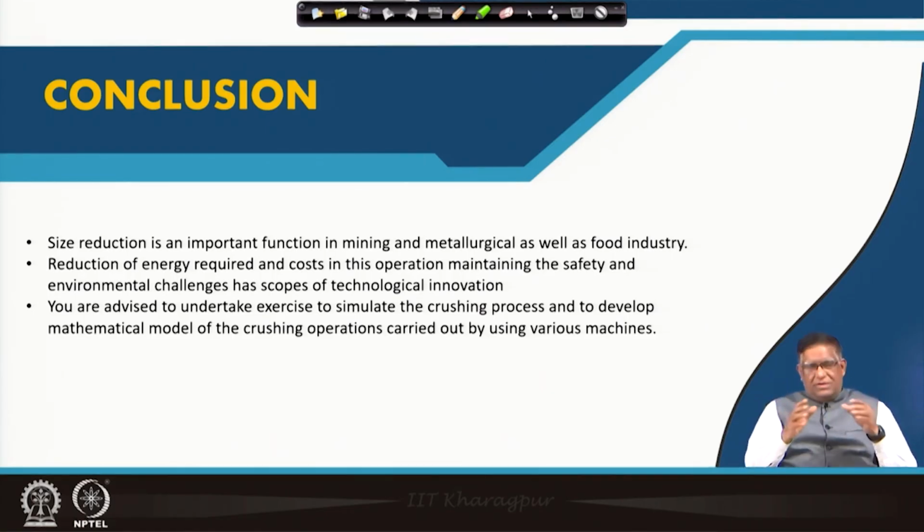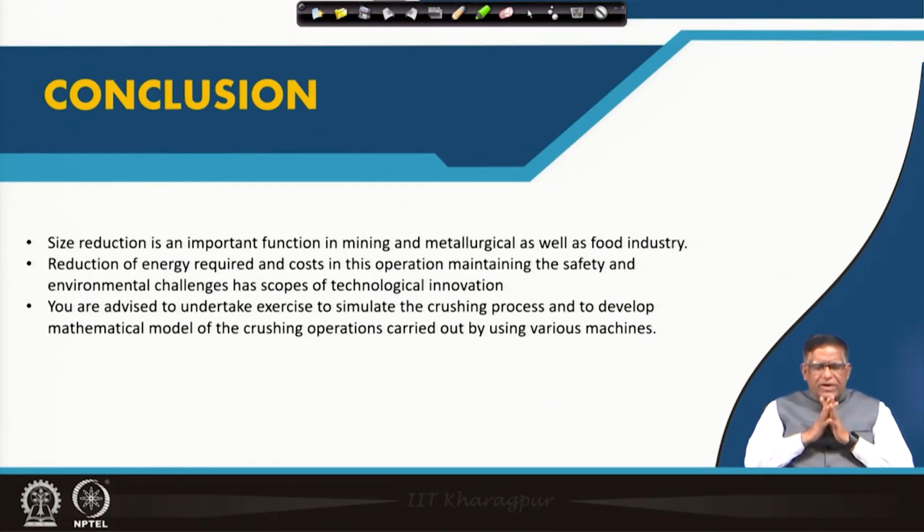You can innovate new things, new ways of doing things, but for that you will have to find out how exactly things are crushed everywhere. You go to an atta chakki, there also things are crushed, and even for taking out juice you do a different type of crushing. In the food industry, different types of handling and crushing take place.